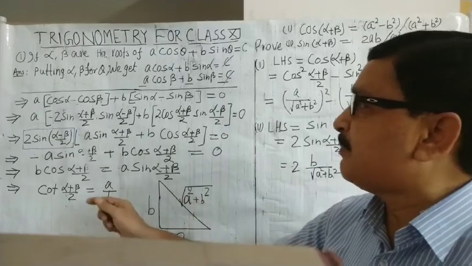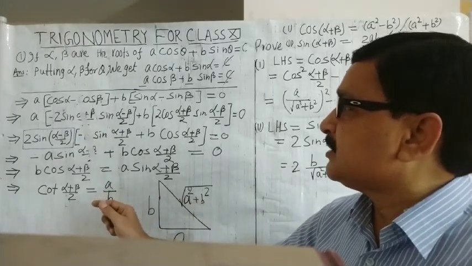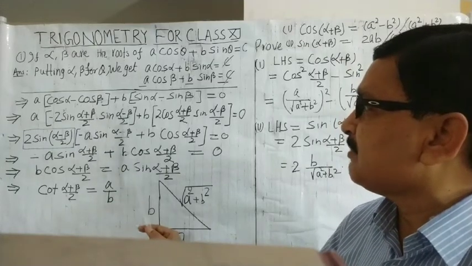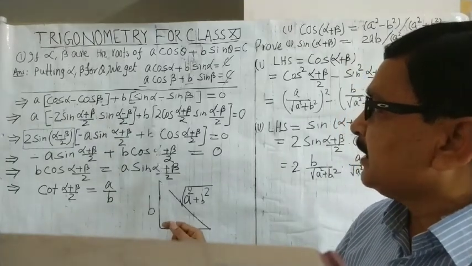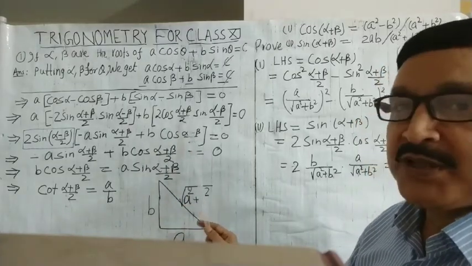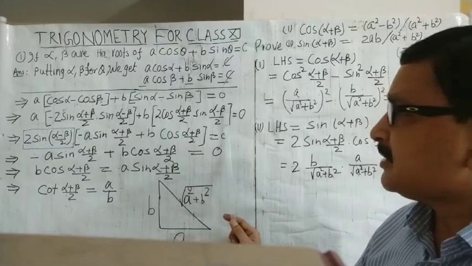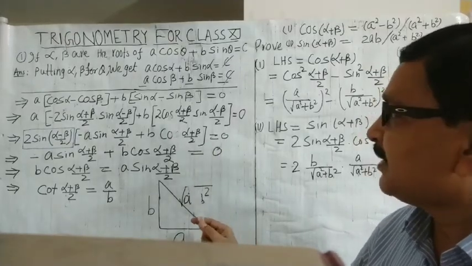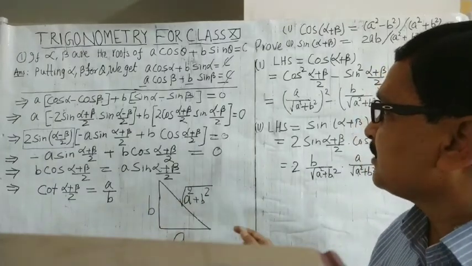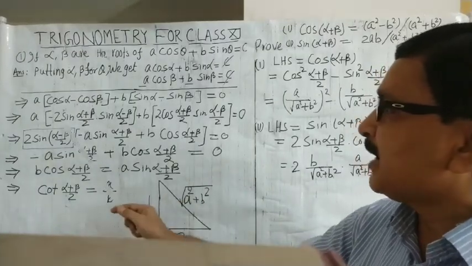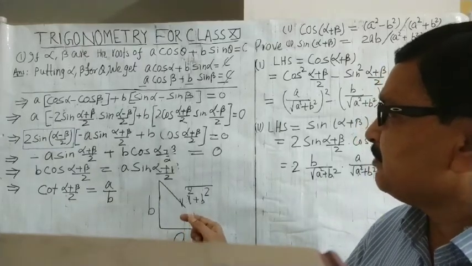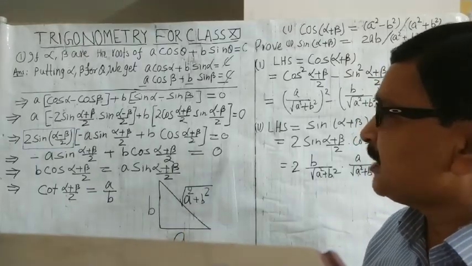Now there is a formula for cos C minus cos D. This is minus 2 sin (C plus D)/2 into sin (C minus D)/2, plus B. Again there is a formula for sin C minus sin D: 2 cos (C plus D)/2 into sin (C minus D)/2. Now you can take 2 common, and sin (alpha plus beta)/2 and sin (alpha plus beta)/2 are both common. So we are left with minus A sin (alpha plus beta)/2 plus B cos (alpha plus beta)/2 is equal to 0.